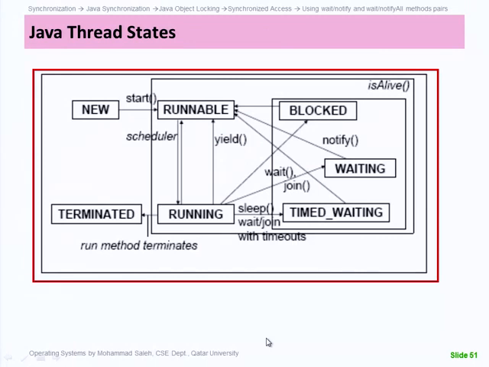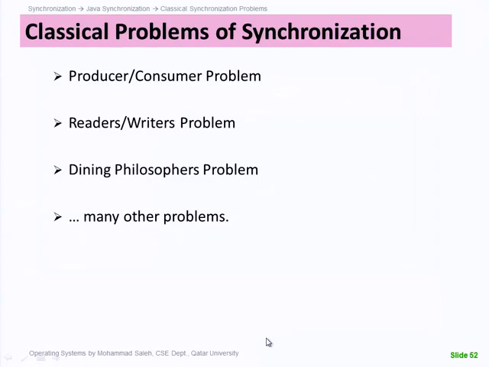For the Java programming language, this is a state diagram that shows you the different states that we have and the transitions that cause a thread to move from one state to another. Now let's look at some of the problems in synchronization and see how we can solve these problems, or some of them at least, using the wait, notify, or wait, notify all combination.